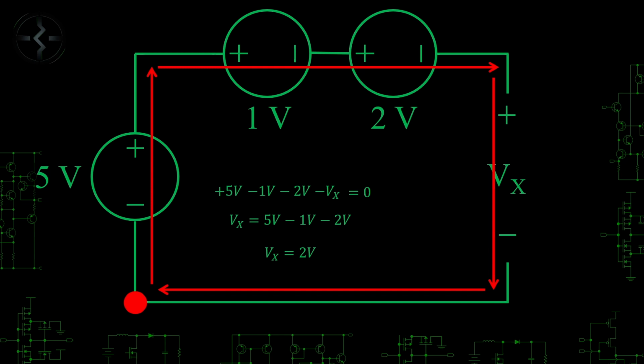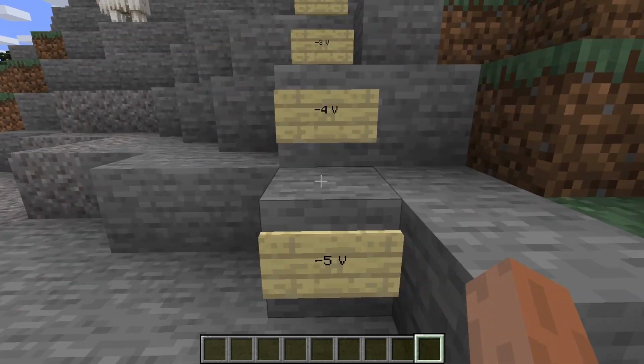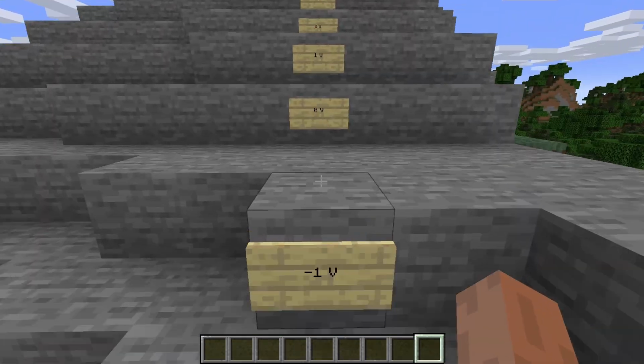To me, Kirchhoff's voltage law is much less intuitive than Kirchhoff's current law. The way I like to think about KVL goes back to the balls rolling down a hill and their potential energies. The potential energy of an object on a hill is directly related to its height.